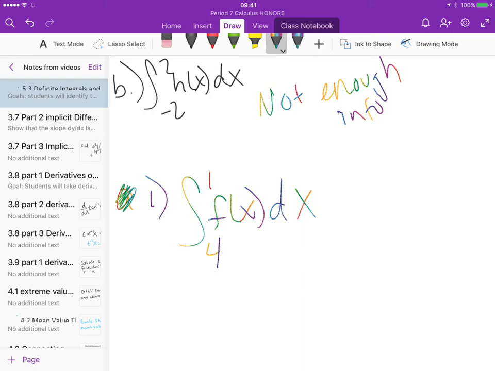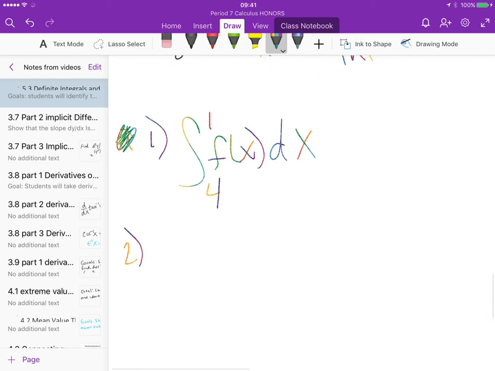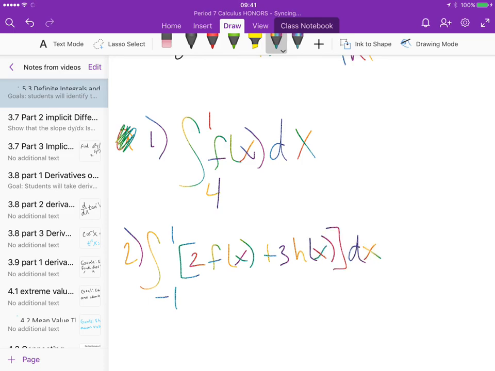And then I would also like you to find, we'll call this number 2, the value from -1 to 1, and we're going to make things a little interesting for you, of 2 times f of x plus 3 times h of x, all still dx.